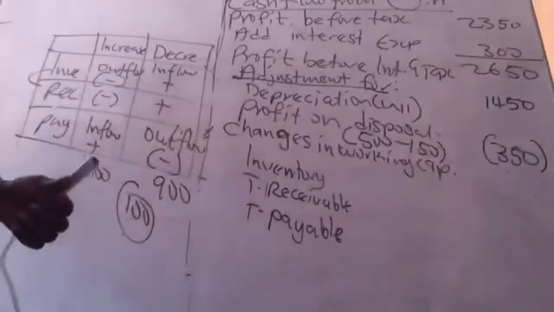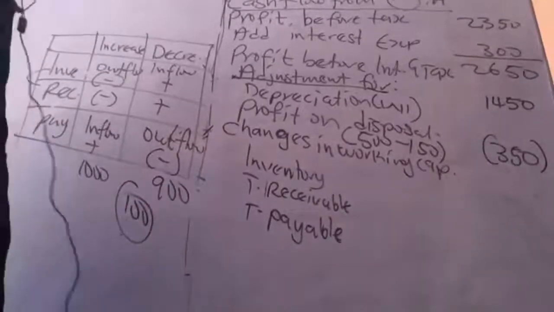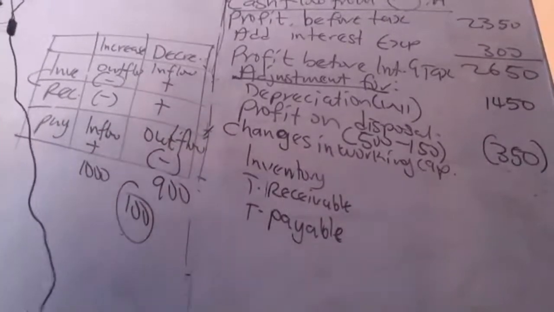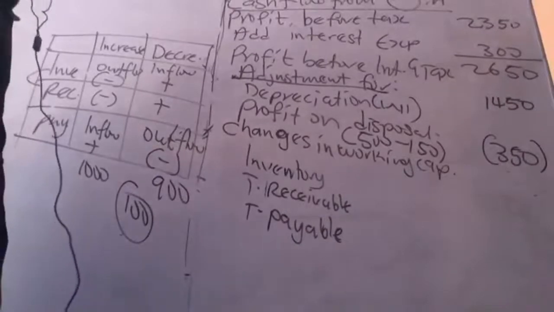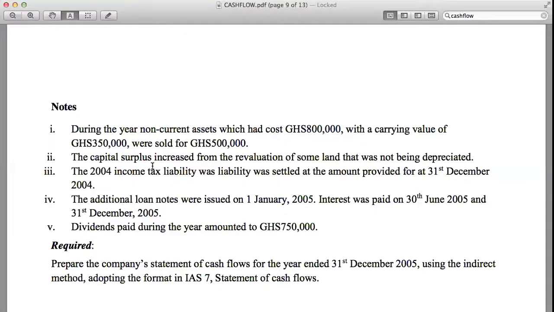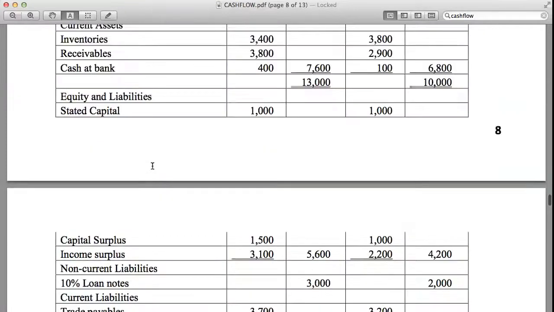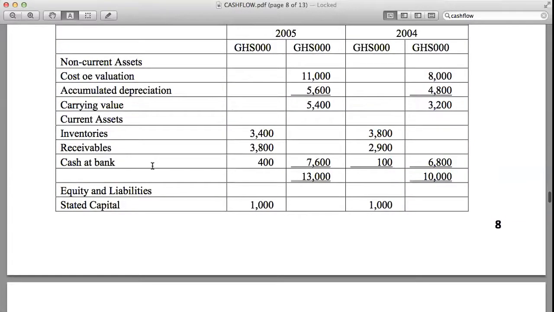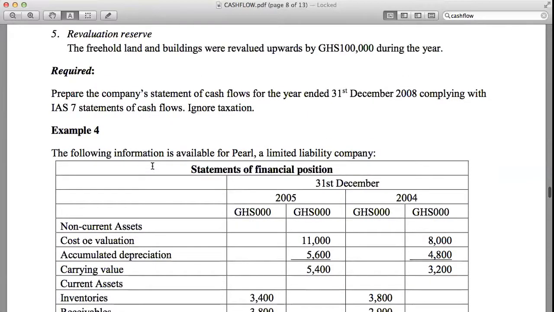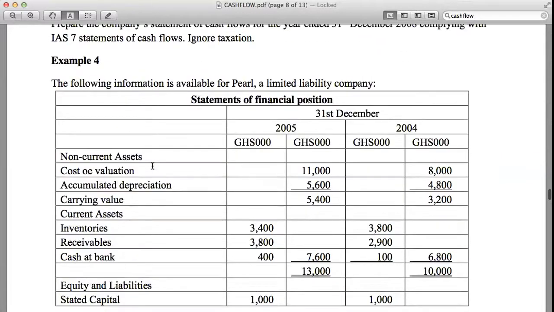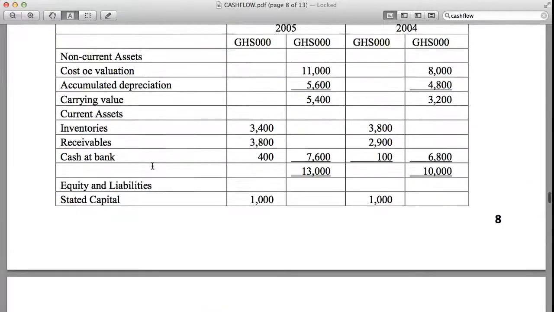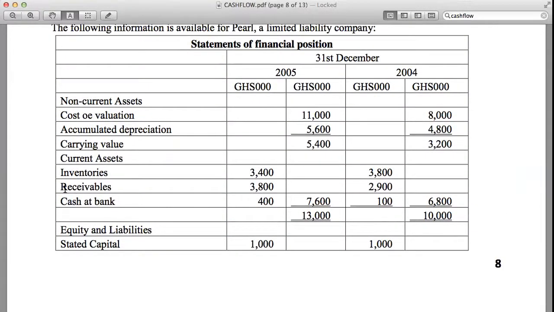Good. Now let's continue. Now let me upload or show the question. Then you check. So let's go to inventory first. Okay, so inventory is there, under current assets.